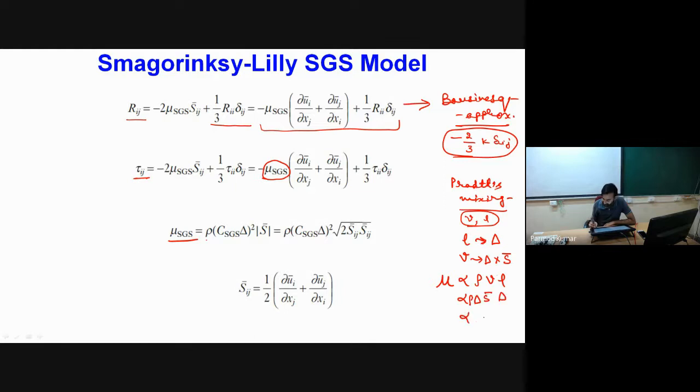So I can write this proportionality as rho delta square S bar. Now how can I write velocity as delta into S bar? Because S bar represents the gradient of the velocity, and gradient of the velocity multiplied with some length scale gives us the scaling of velocity. So now in this formulation of mu, when we replace the sign of proportionality, we will get some constant C over here.